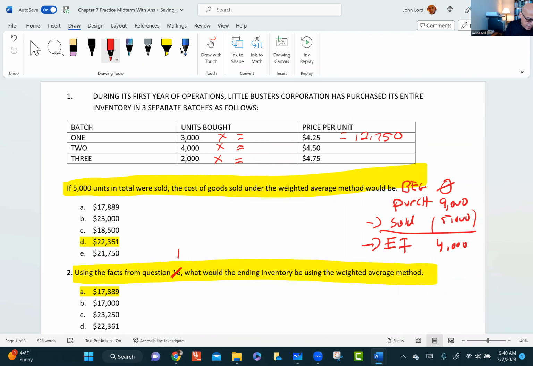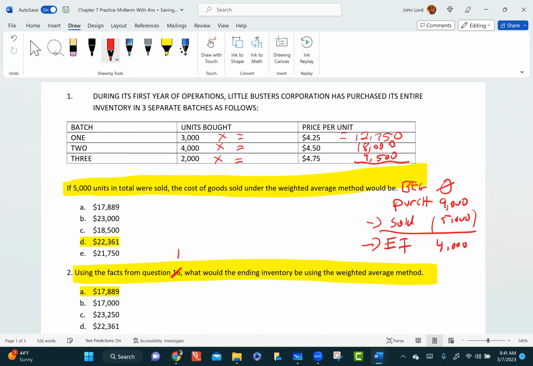Then 4,000 times 4.50, just doing that on my calculator, I get 18,000. And then I do the same thing for that last 2,000 times the 4.75 per unit, which gives me 9,500. Is that what you guys are getting?